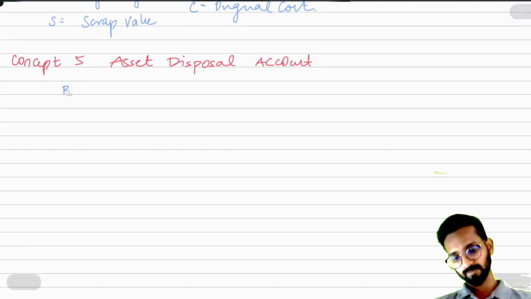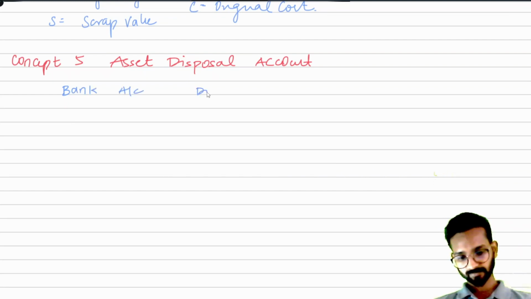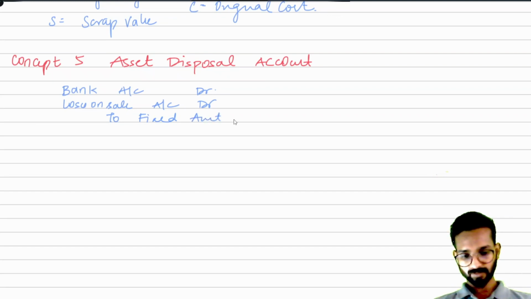You will say, sir, when you are selling the asset, it was bank account debit, then loss on sale account debit, to fixed asset account.